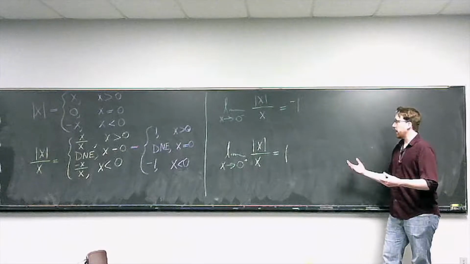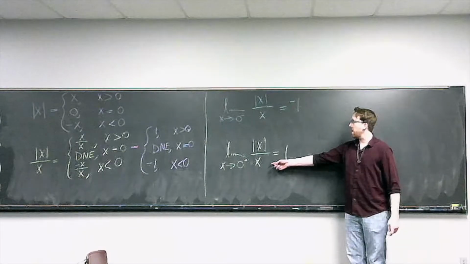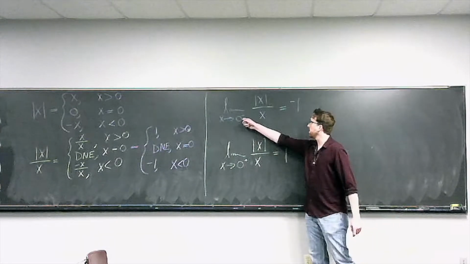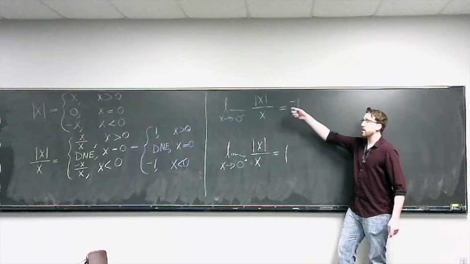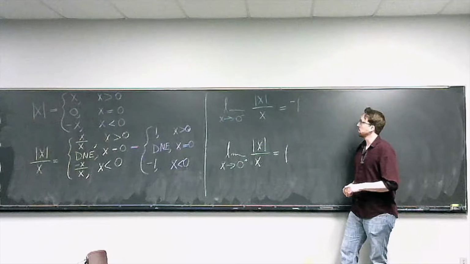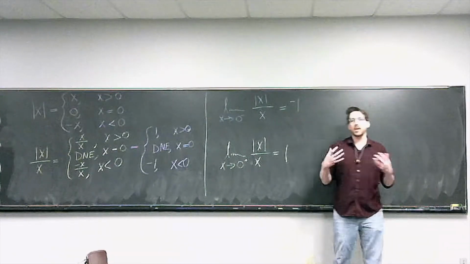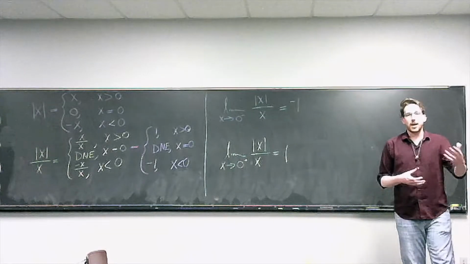So from the right, our limit is equal to 1. And from the left, our limit is equal to -1. And this is how we would play with these. We would break them up into the cases. We would look at them individually, right?